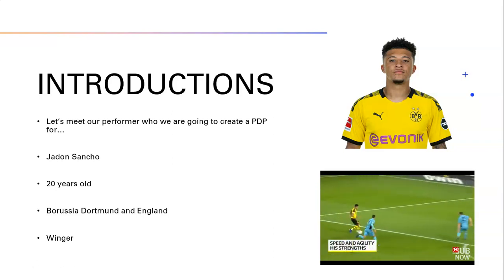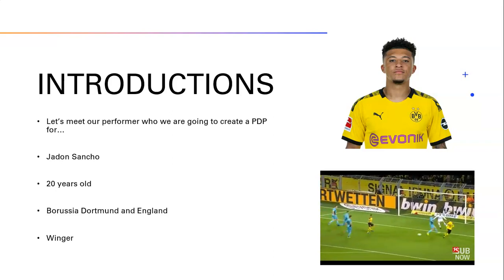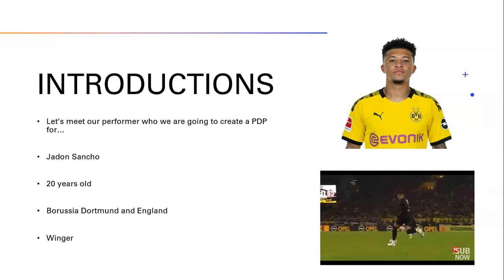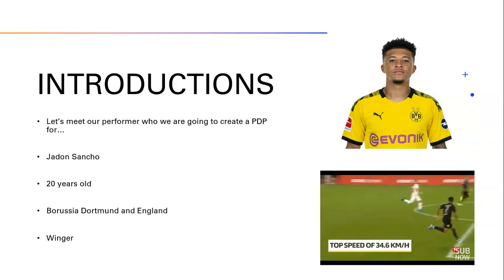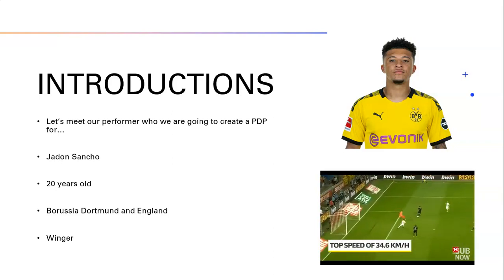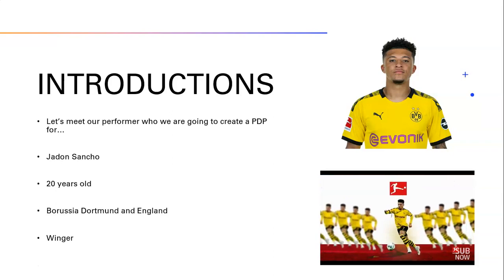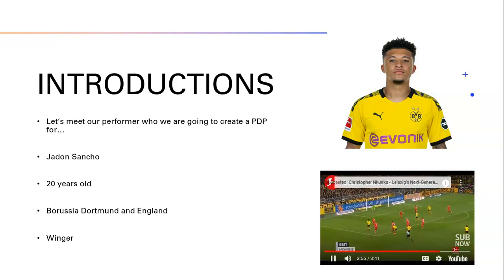Sancho is one of the most gifted dribblers of the ball in the Bundesliga. He always wants to take on his man at high speed. Time and time again he uses his pace smartly. His top speed in the Bundesliga stands at 34.6 kilometers per hour. The young sensation showed what a special talent he is against Union Berlin on match day 20 this season.